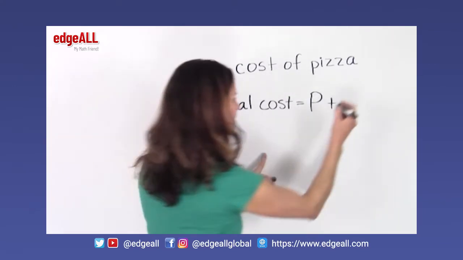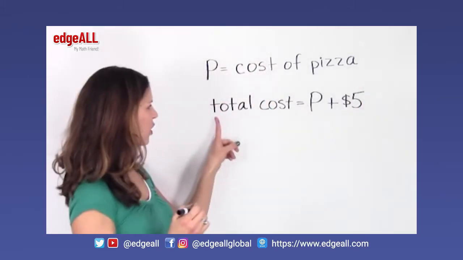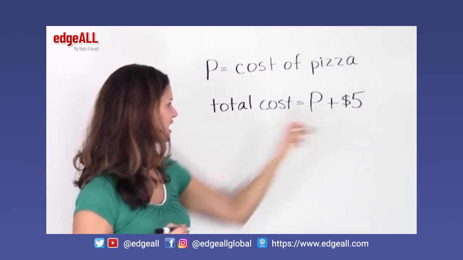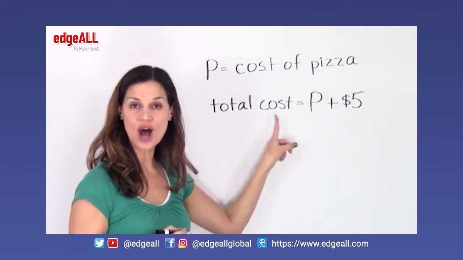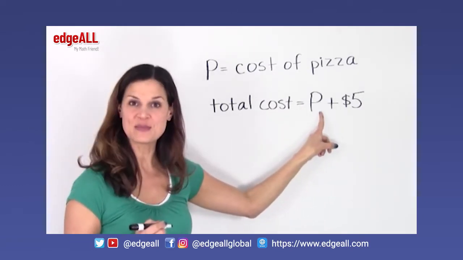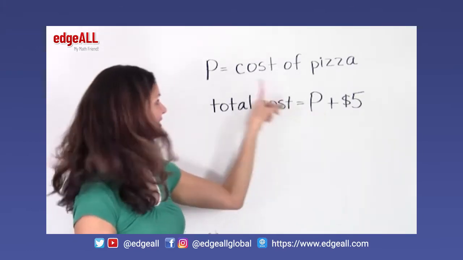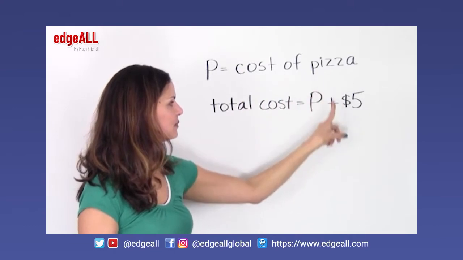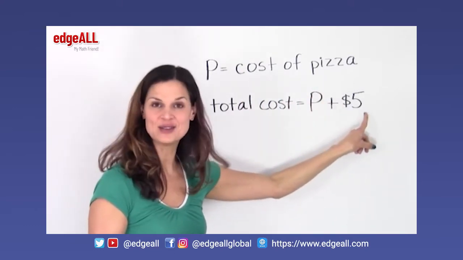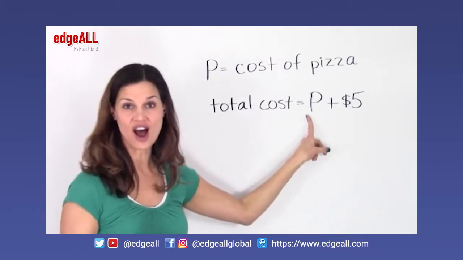The cost of our drink is $5. And so we can make an equation here: the total cost of the meal equals P, which means the cost of the pizza, plus $5.